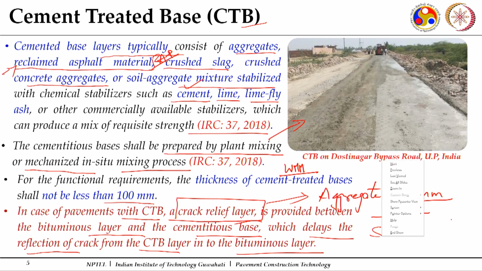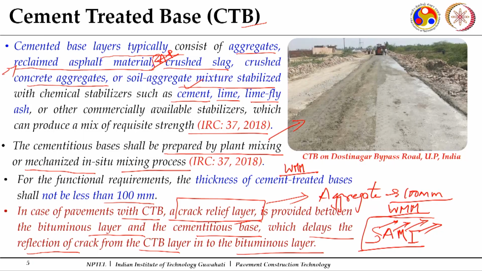In addition to this, we even go for a stress absorbing membrane interlayer. We call it SAMI, stress absorbing membrane interlayer. So, this is another one. What is this? It is an elastomeric modified bitumen, which is normally sprayed on the surface at a rate of around 10 to 12 kg per square meter, and then aggregate chips are applied over it.